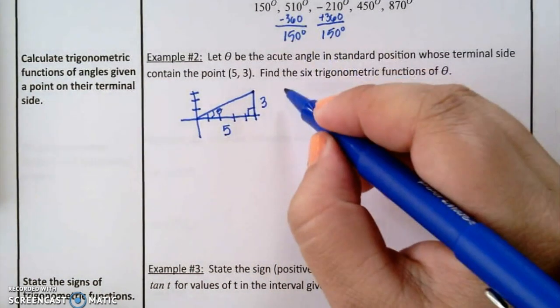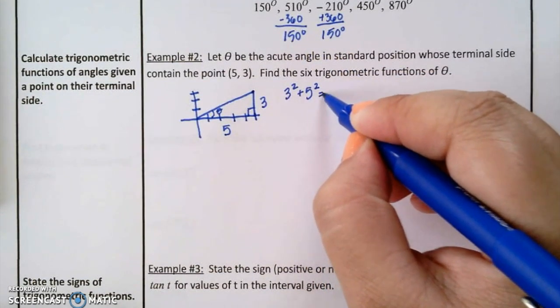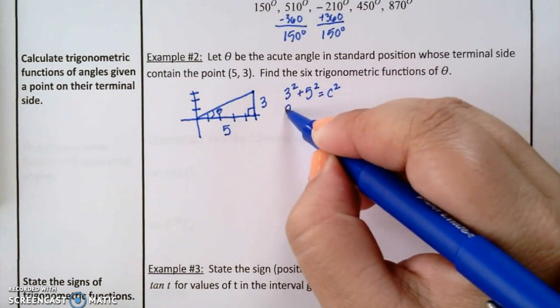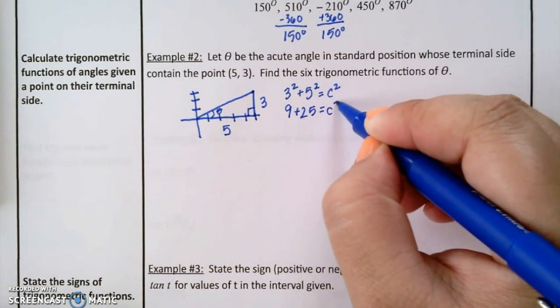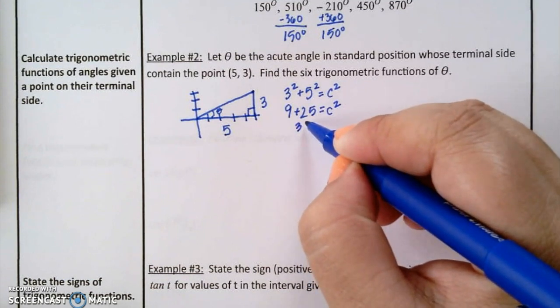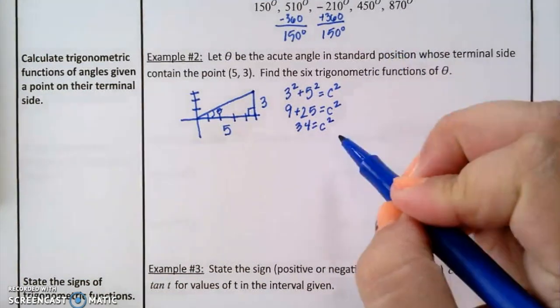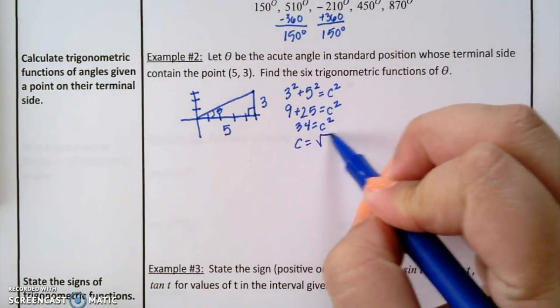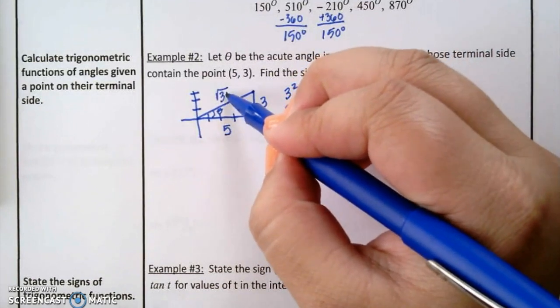Using the Pythagorean theorem, we can find our third side. 9 plus 25 is c squared. 34 is c squared. So c equals the square root of 34, which is our hypotenuse.